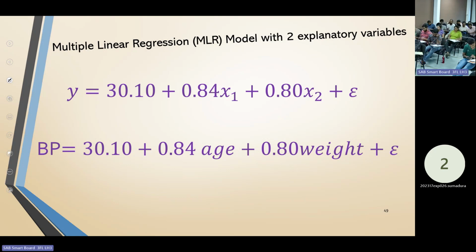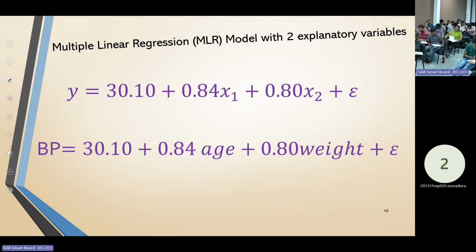So you can write up to 3 decimal places. So after getting the values, you write down the model. Right. So 3 decimal places will write. Okay. So this is your beta naught, this is your beta 1, this is your beta 2.